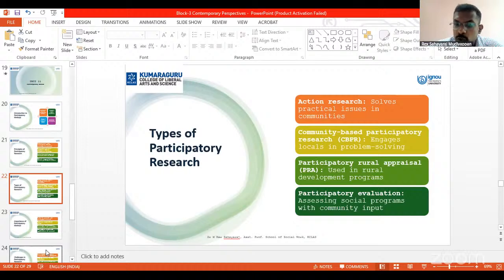So participatory rural appraisal, we say PRA, is a very important technique that we use in social work. We know the term appraisal. We might be working people, so we will be appraised in our company once in a year or 6 months, in order to avail various benefits from the organization.